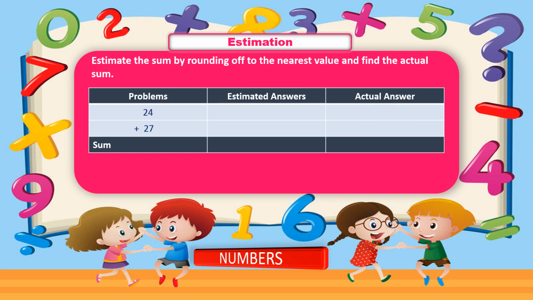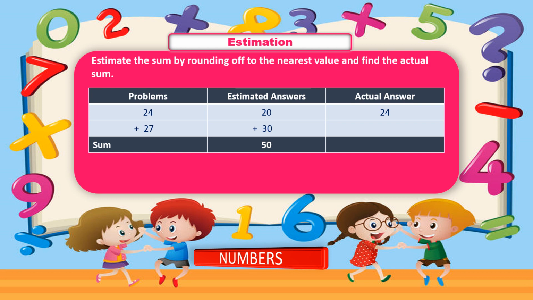The numbers are 24 plus 27. The estimated value of 24 is 20 and the estimated value of 27 is 30. The sum of estimated values is 20 plus 30 is equal to 50.